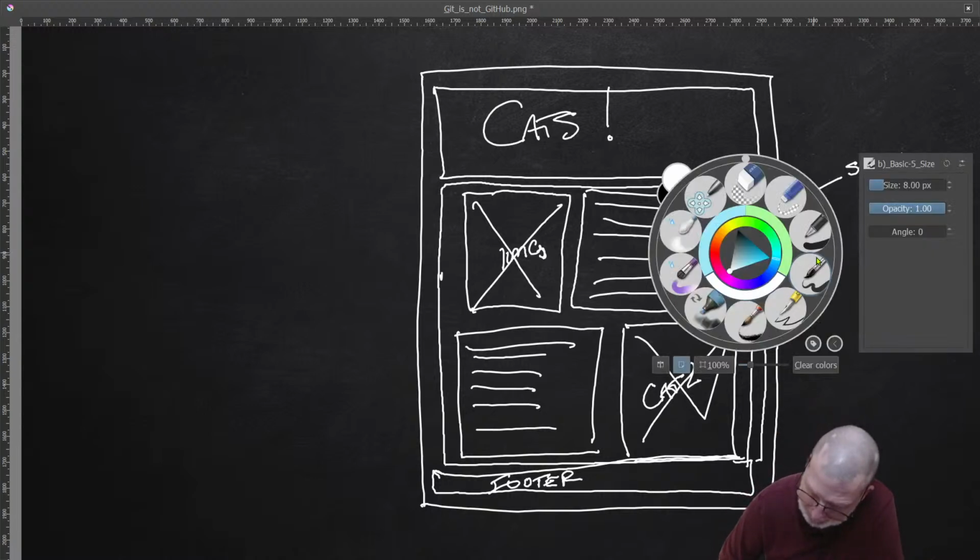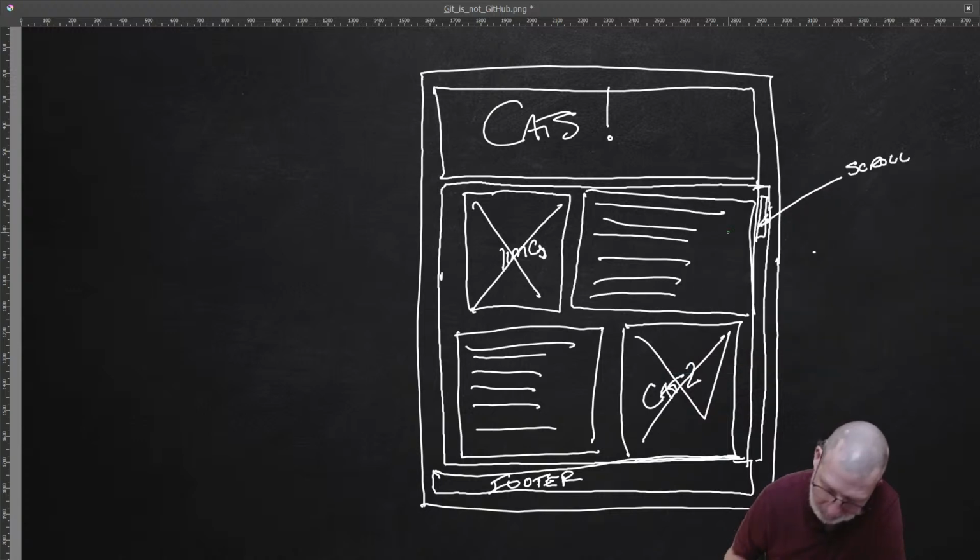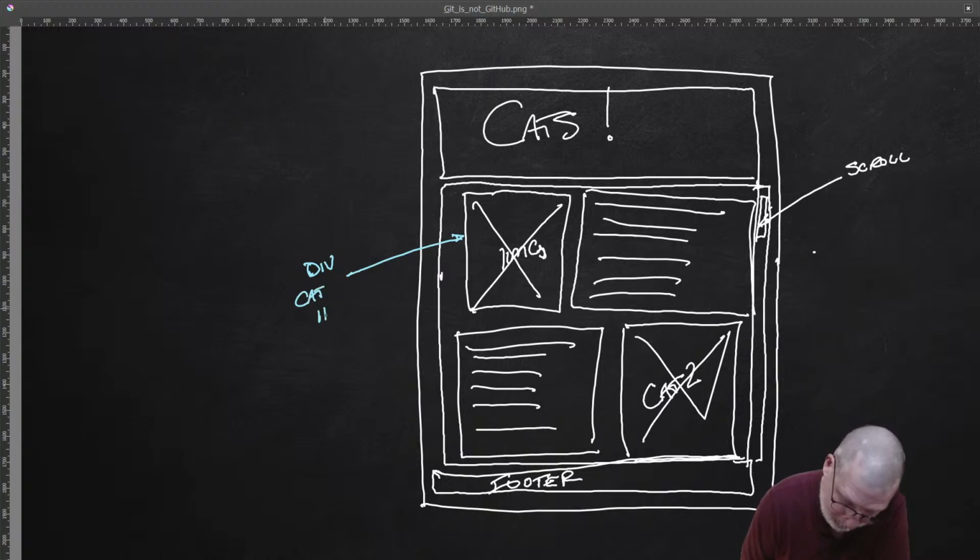And I might decide that this box is going to be a cat image, and then I'm probably going to add some extra stuff here just for organizational purposes, where I'm going to create a separate box as well.